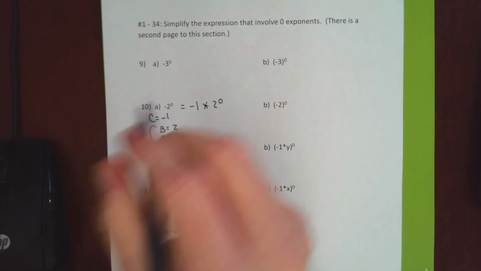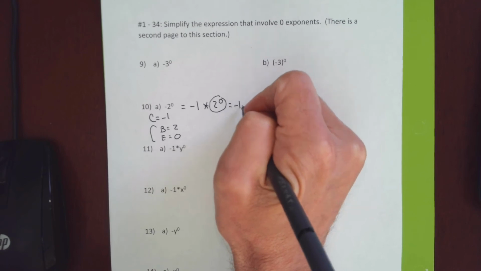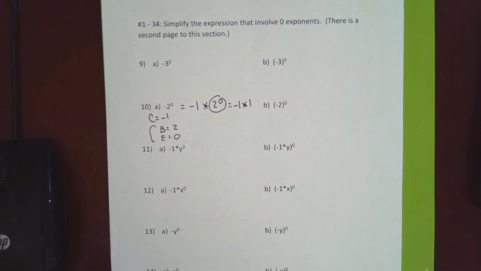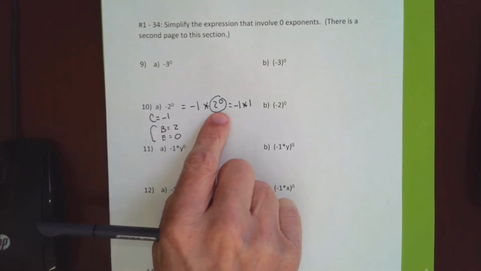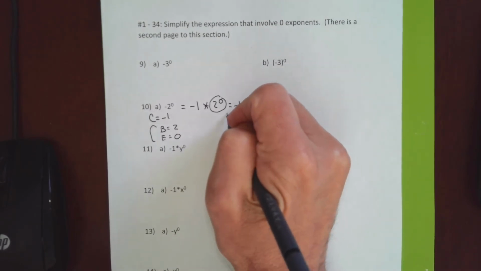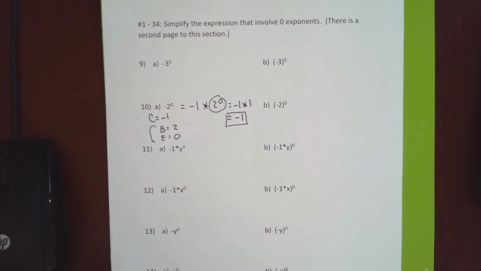The base to the 0 power, which is the 2 to the 0, is equal to 1. If I'm simplifying this without a calculator, I do the exponent part first. The base to the 0 power is 1, and then I do the multiplication times the coefficient. The answer to 10a should be -1. I'll do that on my calculator in a second.